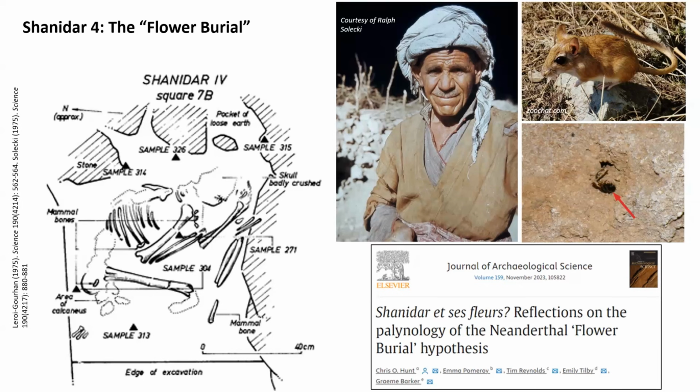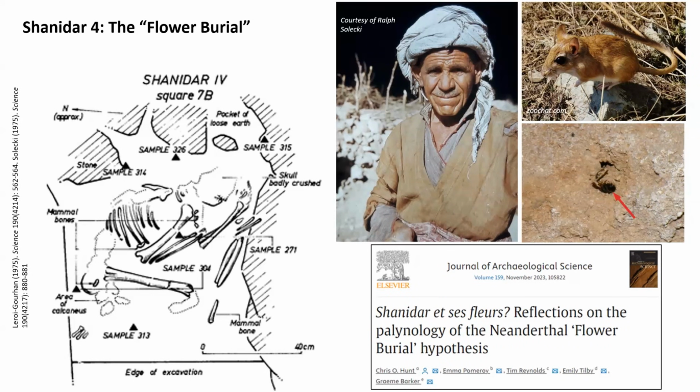And as I said, these sediment samples taken from around the body and underneath reportedly contain these clusters of pollen. There was no sign of these kind of clusters anywhere else in the site, so they were interpreted as flowers having been put in the grave underneath the body. And hence you've got those complete clusters. This has been really controversial.